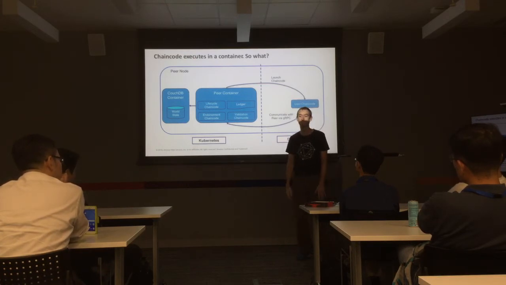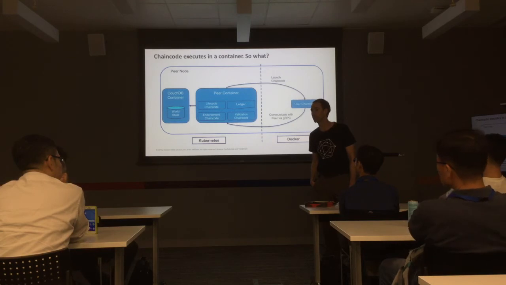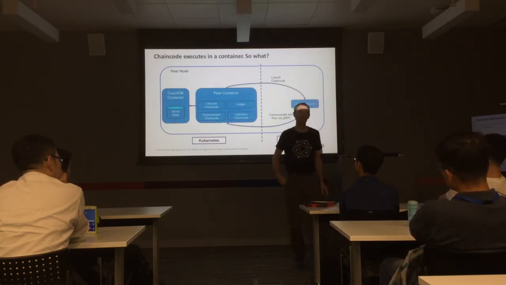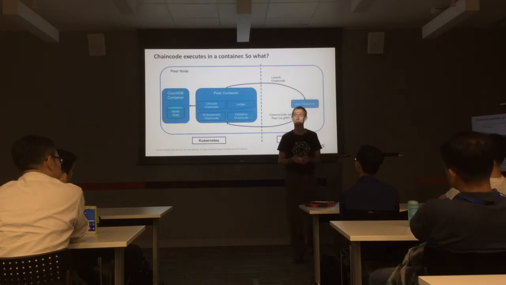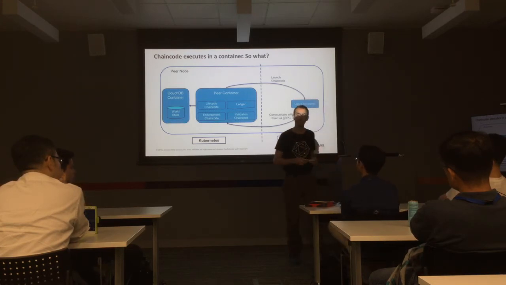Does this mean that the peer container is run in privileged mode inside Kubernetes? Is it run in privileged mode? I don't know actually. I'm not sure. Because it seems to be able to communicate directly with a Docker daemon, so it should be able to. Or it should be running in privileged mode.